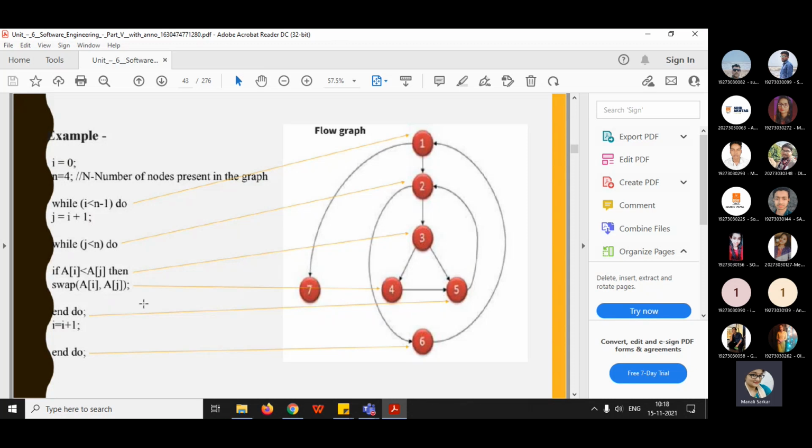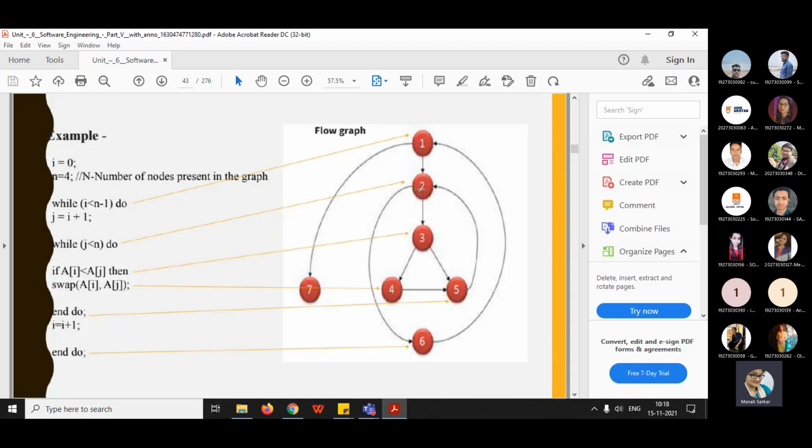Now next is end do, and we put it in node number 6. If this inner while loop condition is true, then only these statements will be executed, that means this 3, 4, 5 loop will continue. If this condition is not true, then it will directly move to the end statement.